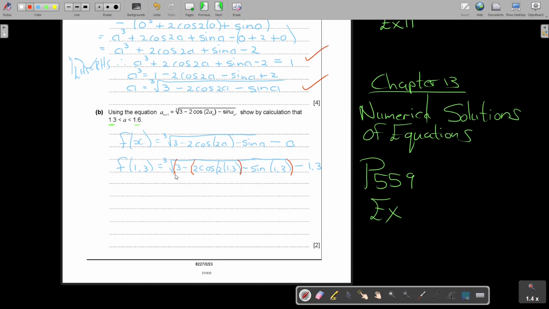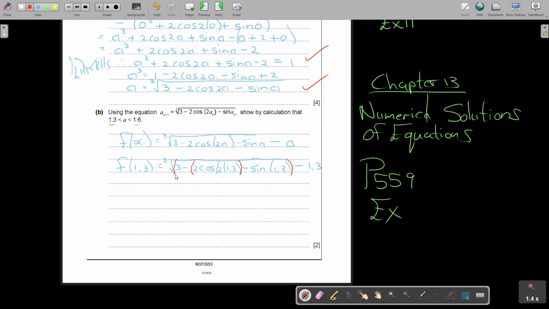And then I press 2 multiply cos, but now I press 2.6, because I know that 1.3 times 2 is 2.6. Now I close that inside bracket. Then I say minus sin, and now I press 1.3, and now I close that first bracket.